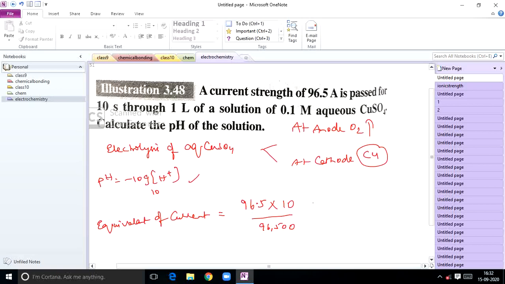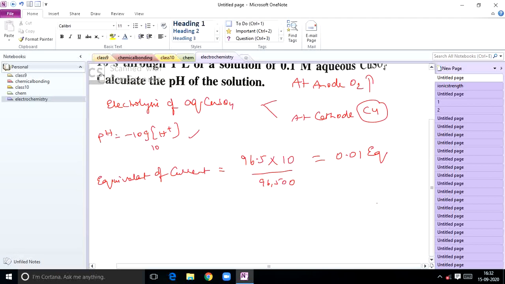So the equivalence of current, first you have to calculate. If you solve this, you will get 0.01 equivalents. So Q by Faraday you have to do, that is Q is equal to IT by 96,500. So equivalence of current is equal to 96.5 into 10 by 96,500, that is 0.01 equivalents you will get.